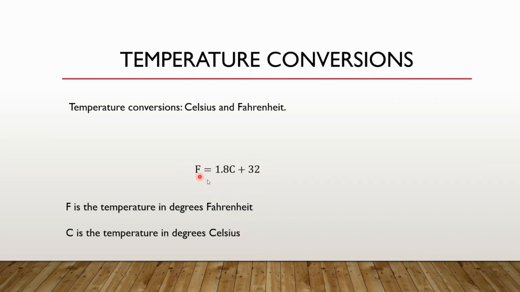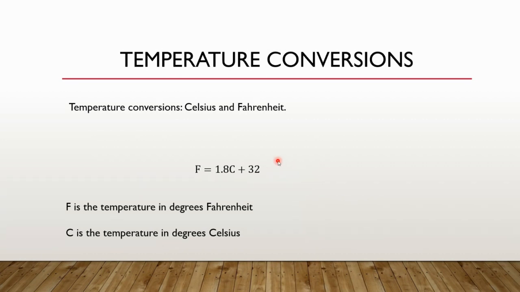Using this equation, you convert from one to the other. It's not like what we've seen before, where you do a unit conversion by multiplying by a fraction. It turns out you can't do that here, so instead we're going to use this equation.